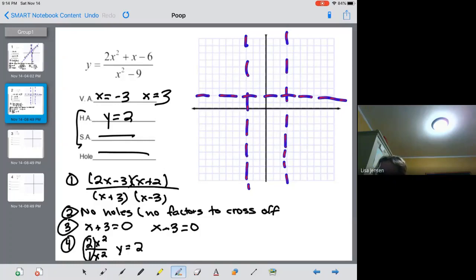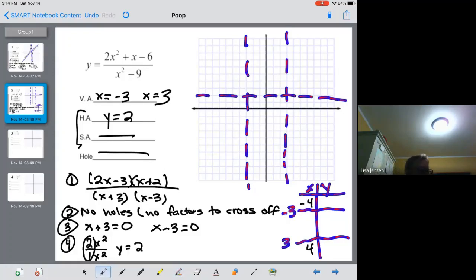Okay, so this is where it gets a little funky. Because we have 2 vertical asymptotes, we've got an asymptote at -3, and we have an asymptote at +3. So I'm going to do my usual 1 below, 1 above, okay, and plug those in.